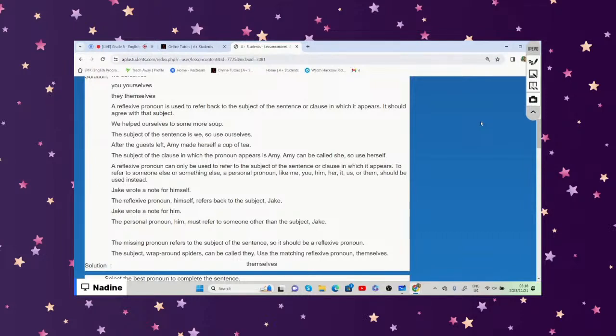For example, remember, it needs to be a reflexive pronoun, right? So we said this is the subject. We helped ourselves to more soup, and this is our reflexive.